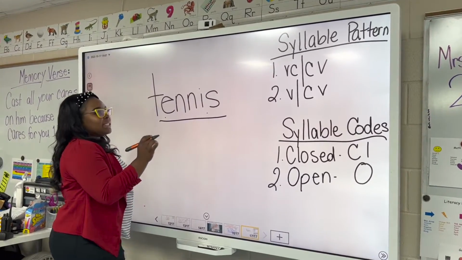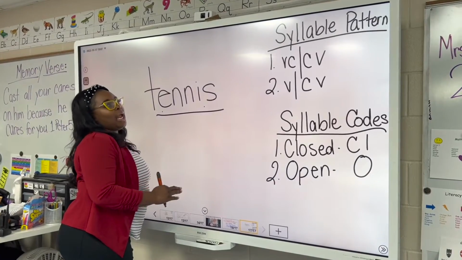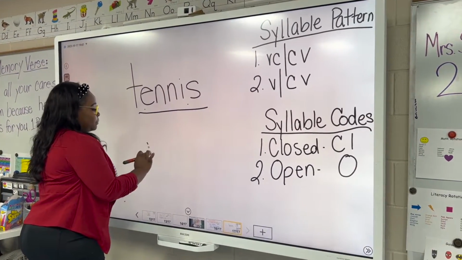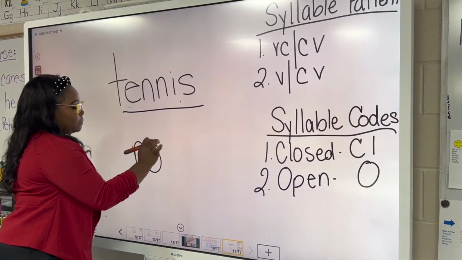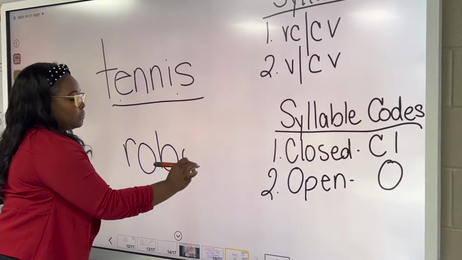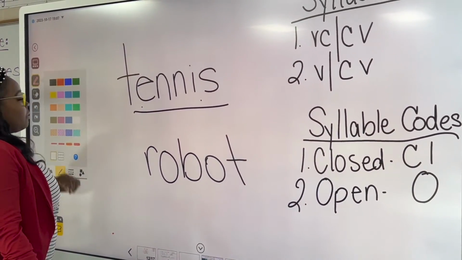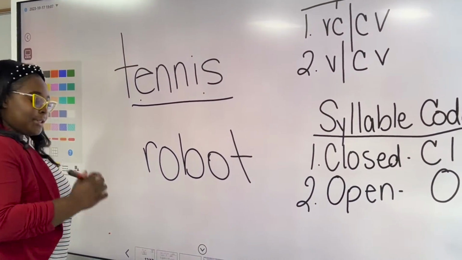Okay? Well, this time I'm going to write a word and I'm going to use my syllable pattern to help me read this word. Okay? First thing I'm going to do, find my first 2 vowels.